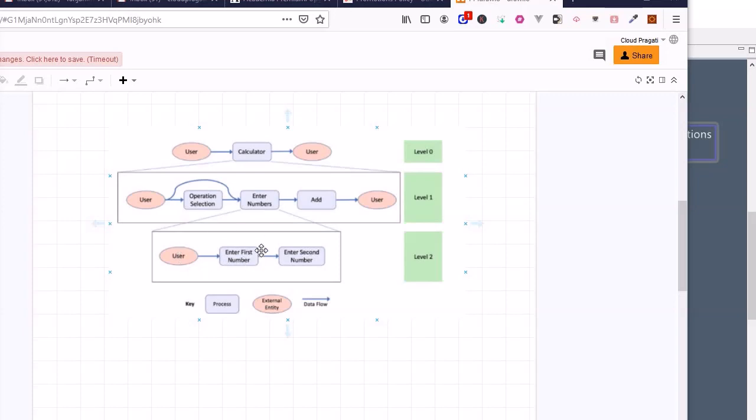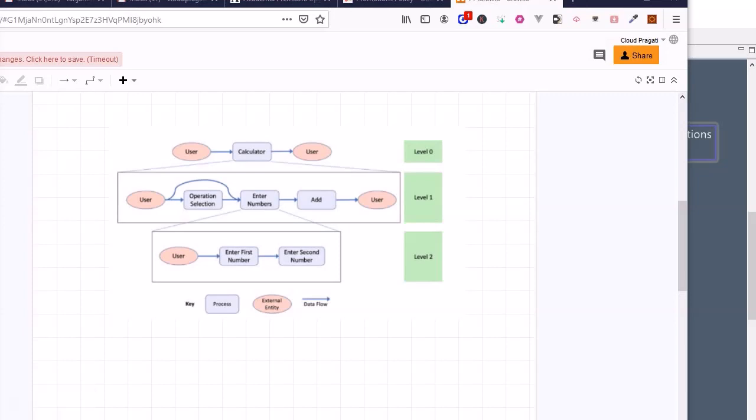So this is the way we can represent the flow of the functionality of a program, and then further we will write these diagrams into programs. This is one of the ways by which you can convert your client requirement into programs.